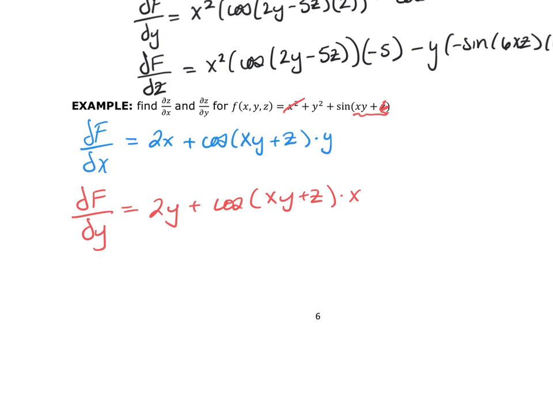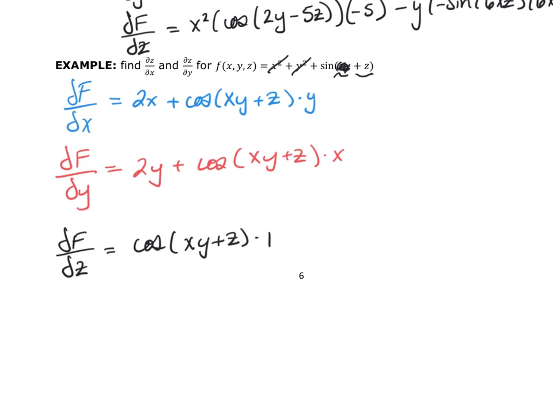And then my last piece I have to find is my partial derivative with respect to z. So now we do it with respect to z. This is a constant, this is a constant, this is the angle, so it'll just be the cosine of my angle. And within my angle, those are considered constants, so it's just going to be multiplied by 1.